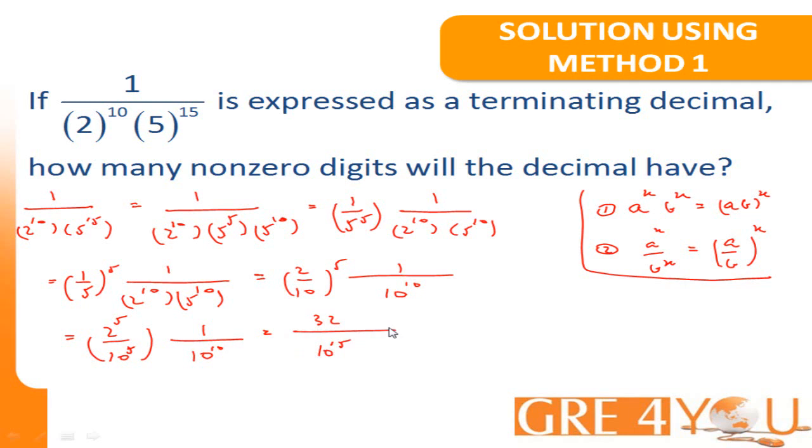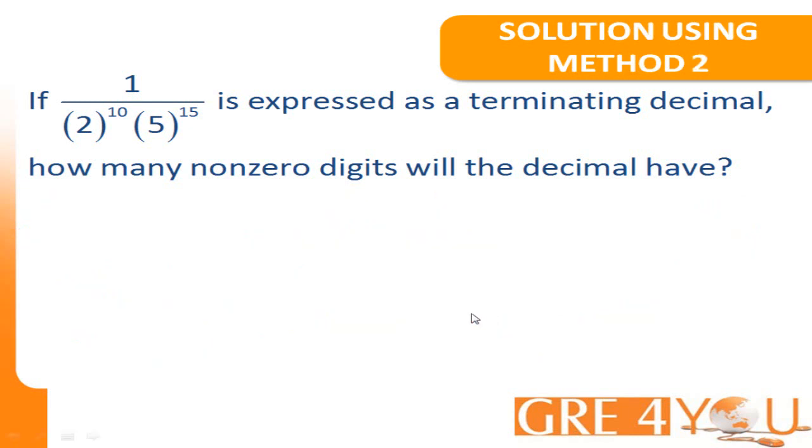So now we have 32 divided by 10 to the power 15, and this is equivalent to 0.000 and so on, a whole number of zeros followed by 32. Now we can ignore these zeros because they're not important, since we're after the number of non-zero digits, and that would be 2. So the answer would be 2, since there are 2 non-zero digits.